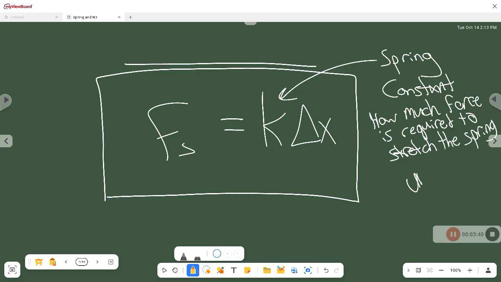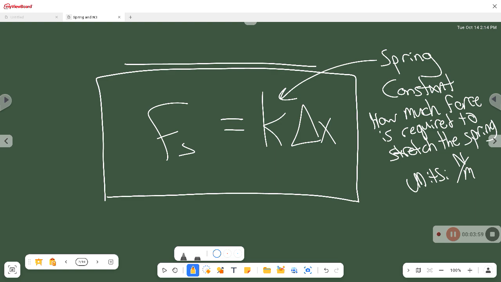It comes in units of newtons per meter, and unlike coefficient of friction, there is no set number that it's going to be between. It's going to be a positive number, but it could really be anywhere from 0 to infinity.